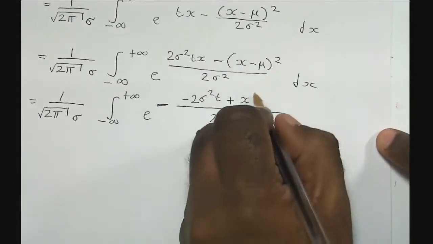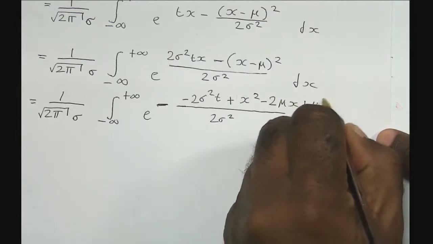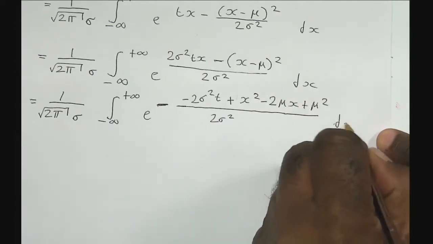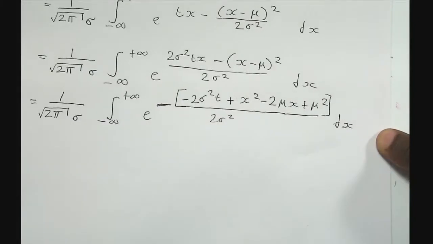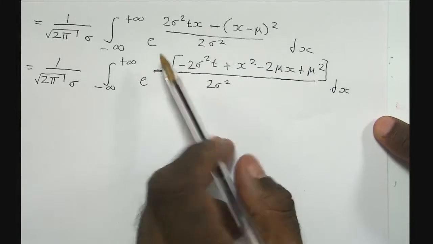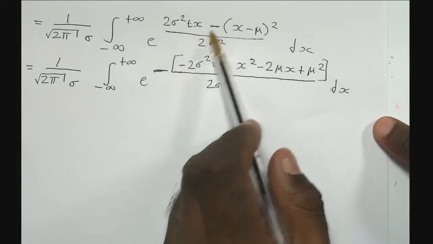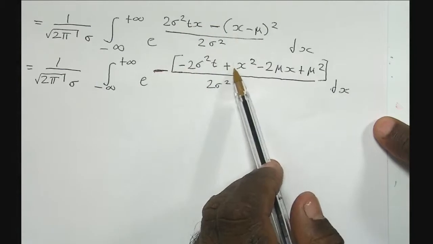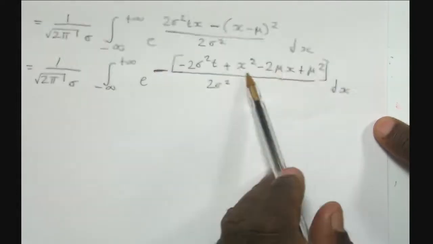So you get x squared minus 2 mu x plus mu squared. You see what I've done. I've taken a negative sign, so you have a minus in front, and this minus becomes plus, and if you open the brackets, you get these 3 terms.